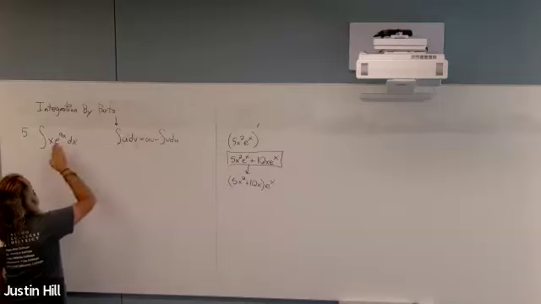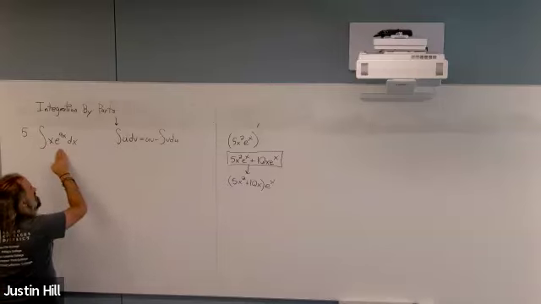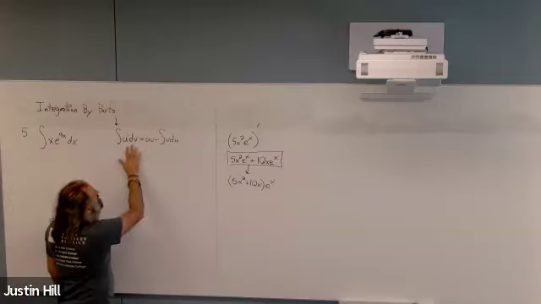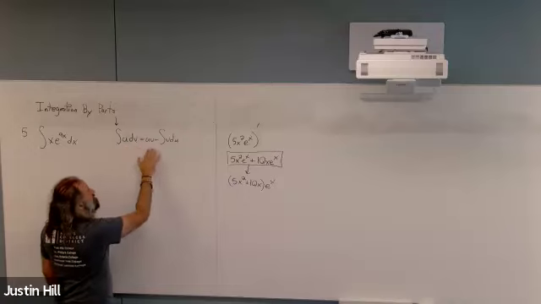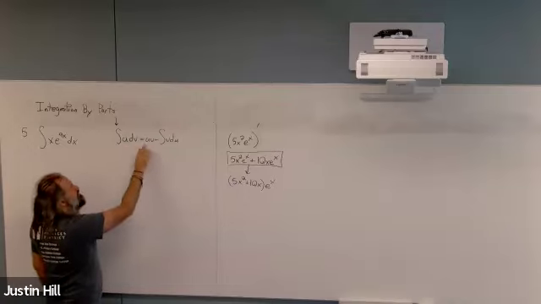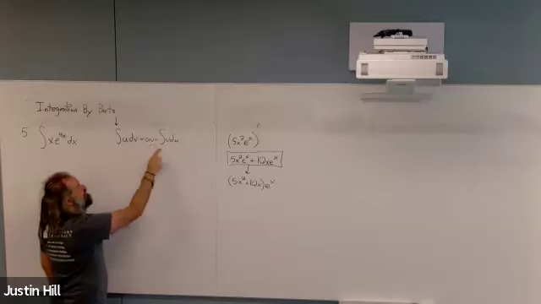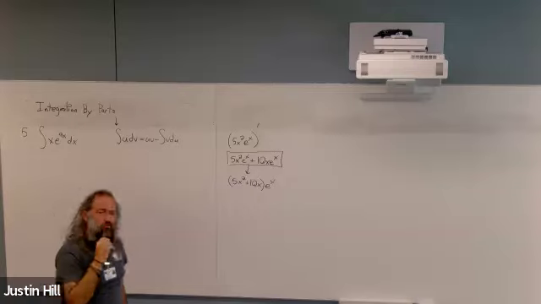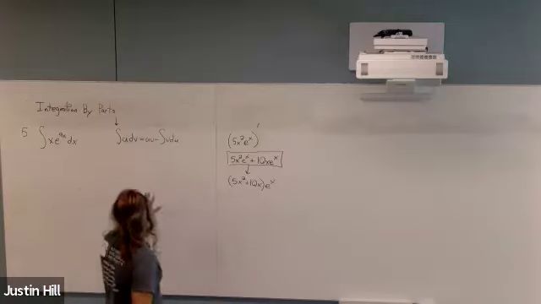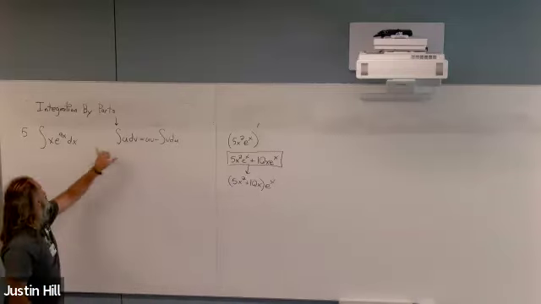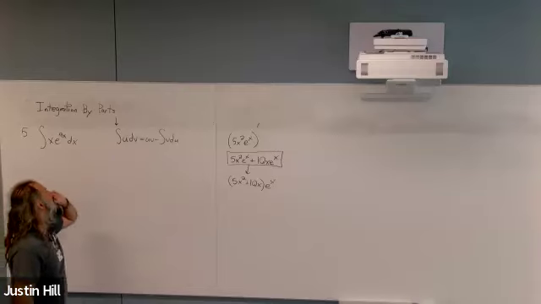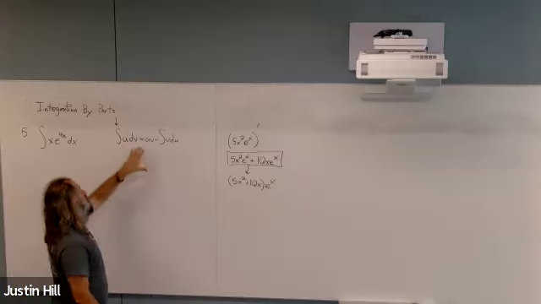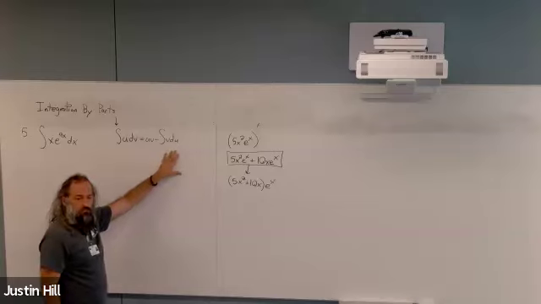Once we do that, we figure out what v is and what du is. They prove using the product rule that every single time, if you identify one as u and one as dv, then the integral equals this automatically.